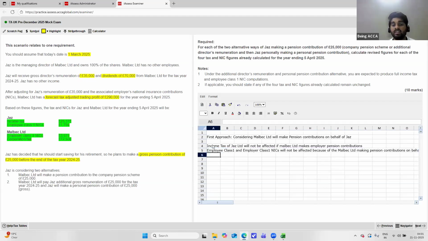All right. If you write these 2 points, you will be getting straight up 3 marks for just these 2 points.